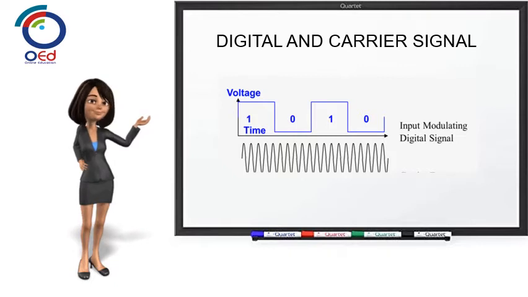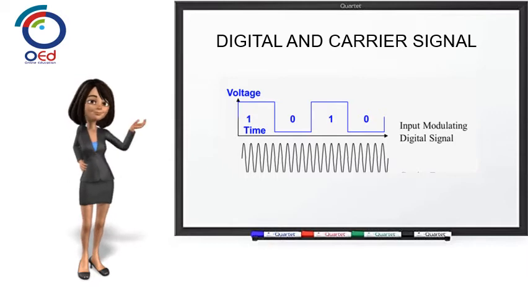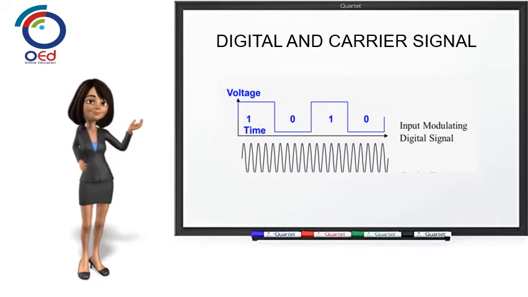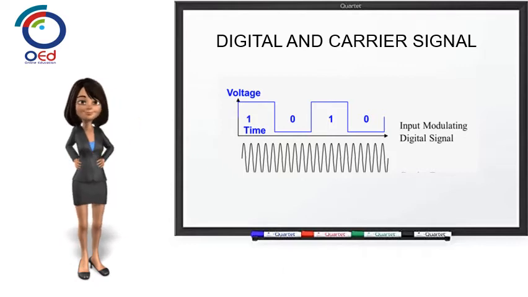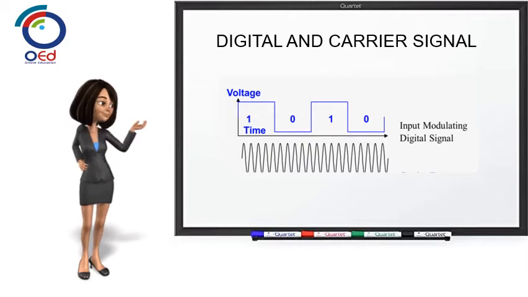And down here is called the carrier signal. The carrier signal is the unmodulated single-frequency electromagnetic wave that carries the desired information. You can see the different waves of different modulation, either frequency, phase, or amplitude.